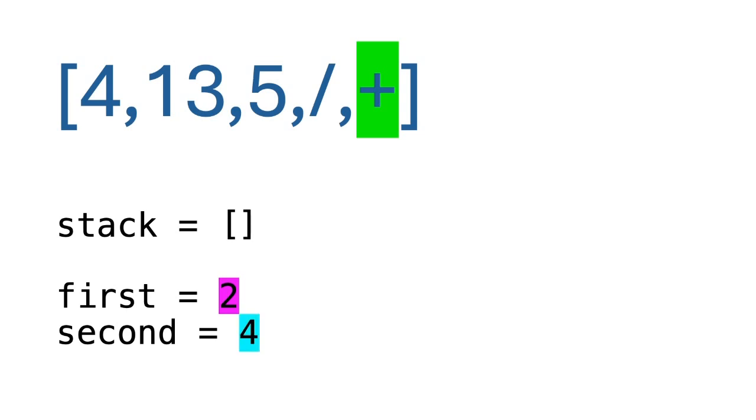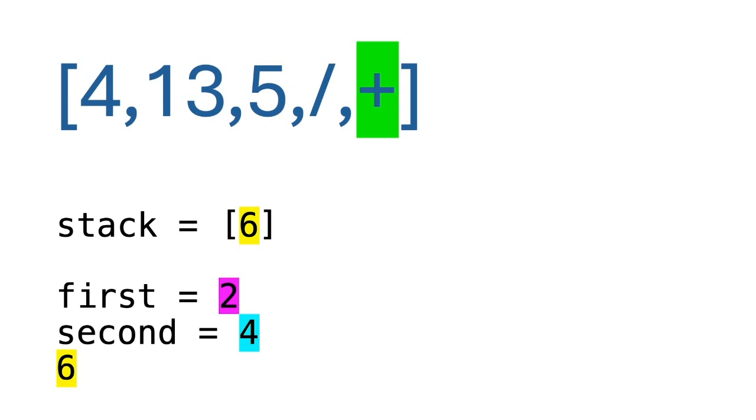Now we will calculate the expression second plus first. Second plus first is 6. We will append 6 to the stack. We have iterated all the elements of the token list. Now we will return the first element of the stack, which is 6. I hope the approach is clear.